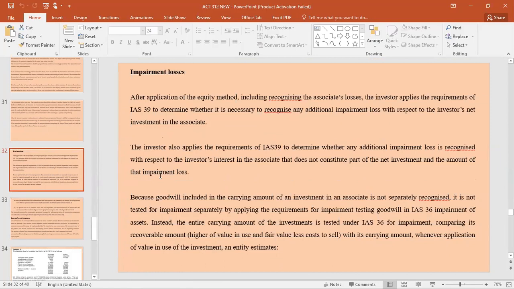But I must draw your attention that whenever you are determining the value of investment, it is equal to capital plus surplus. So the capital plus surplus is equal to the net assets of the business. It is based on the net assets of the business that we find our investment proportion for the investing company.